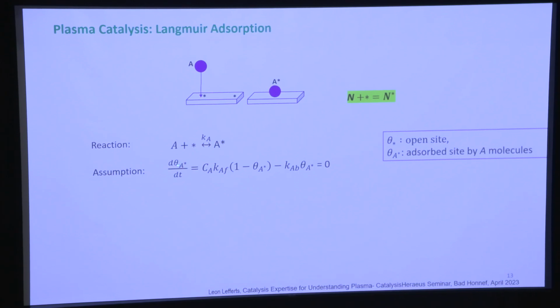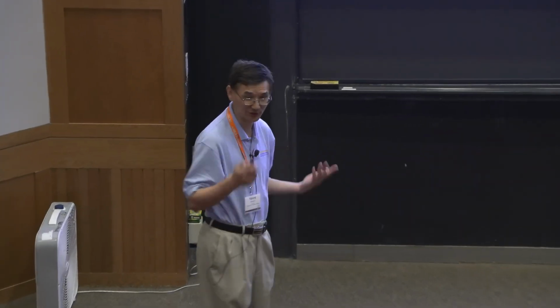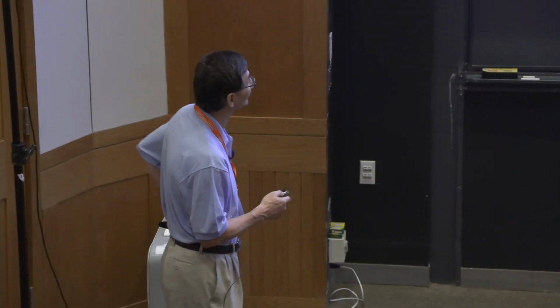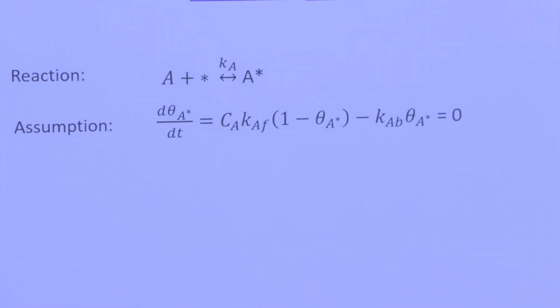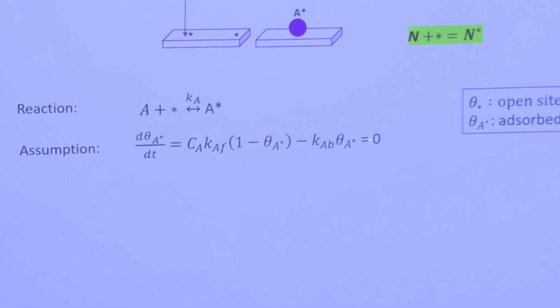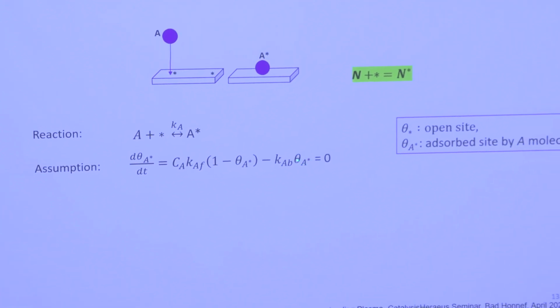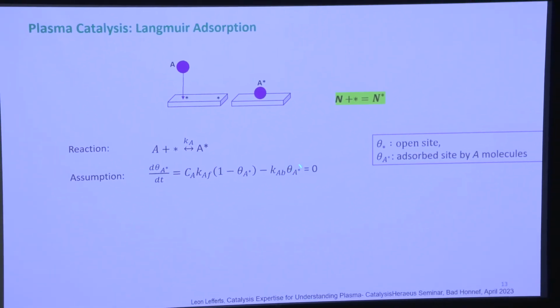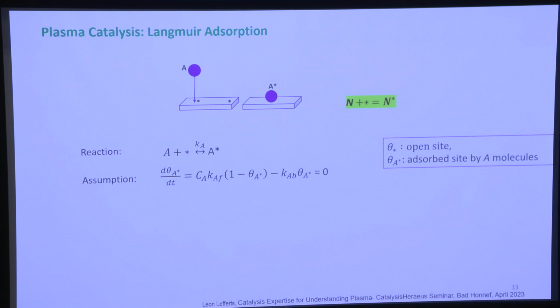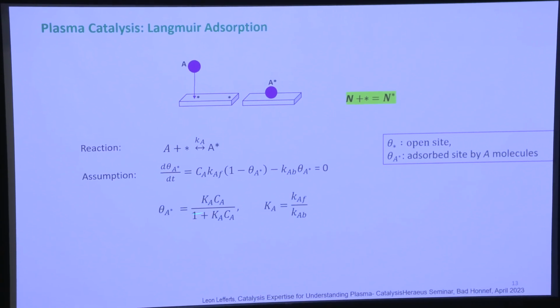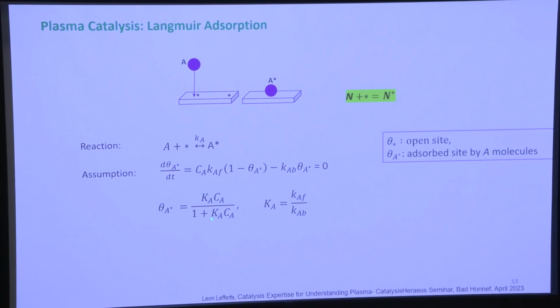If you assume that this adsorbed species is quasi-steady state, in other words, the rate of adsorption compared to the rate of desorption is much slower, therefore this concentration does not really change. So by taking this equal to 0, you can solve for the surface coverage, theta A. You can find that theta A is a function of the reaction rate and the equilibrium constant.